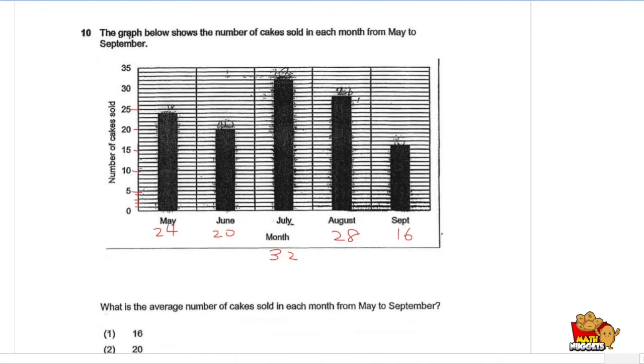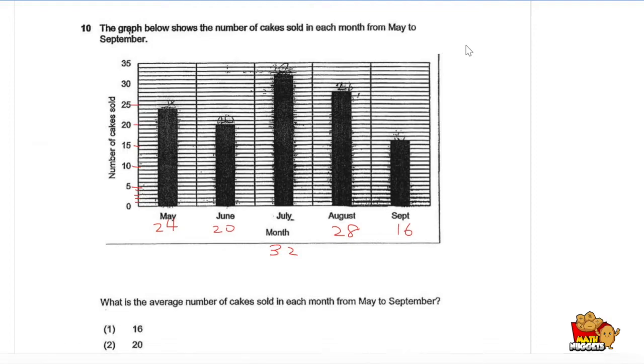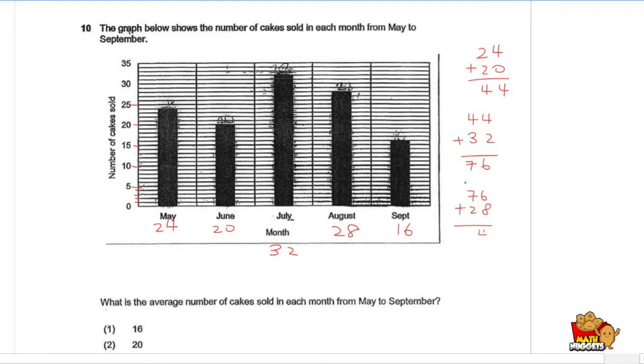So anyway, to find the average we need to find the total. So let's add everything up. 24 plus 20 is 44. Then I take 44 plus 32, 76. Then 76 plus 28, 104.